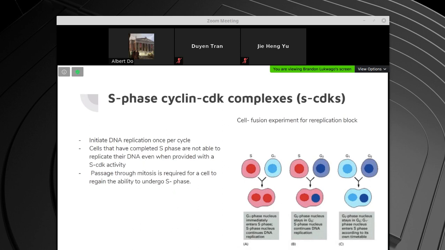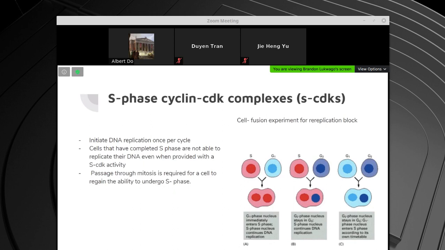This is the cell fusion experiment for replication block. In figure A, we have a G1 cell fused with an S phase cell, and DNA replication was initiated in the G1 nucleus. For the second one, we have a G2 cell fused with an S phase cell, and there is no synthesis.